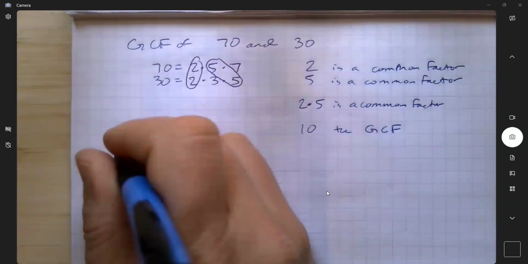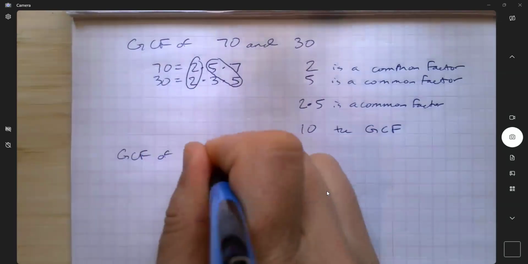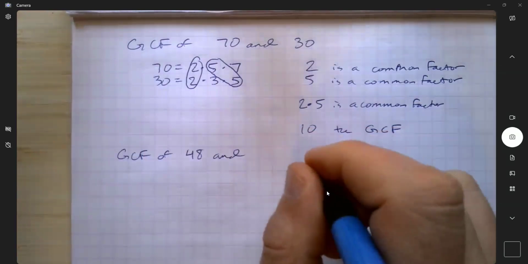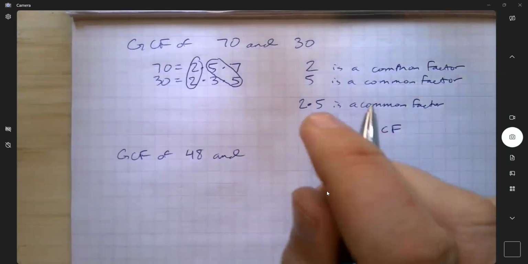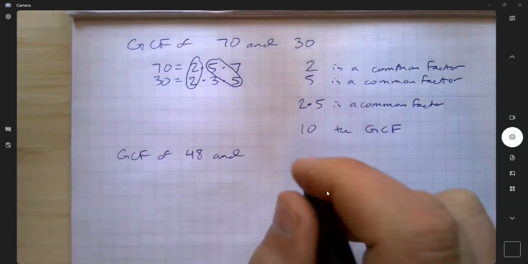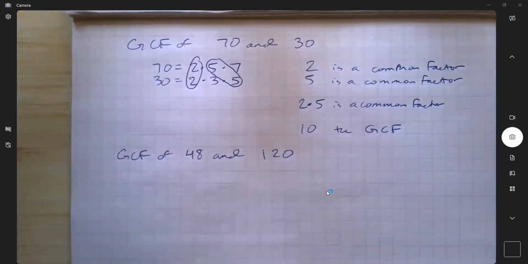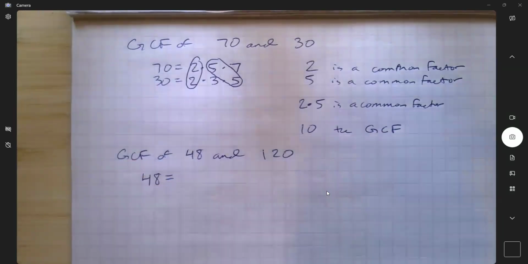Let's do one more example. Let's do the greatest common factor of 48 and 120. This can be a lot of work because you have to break each number down into its primes. And the easiest way to do it is to just start peeling off numbers one at a time.